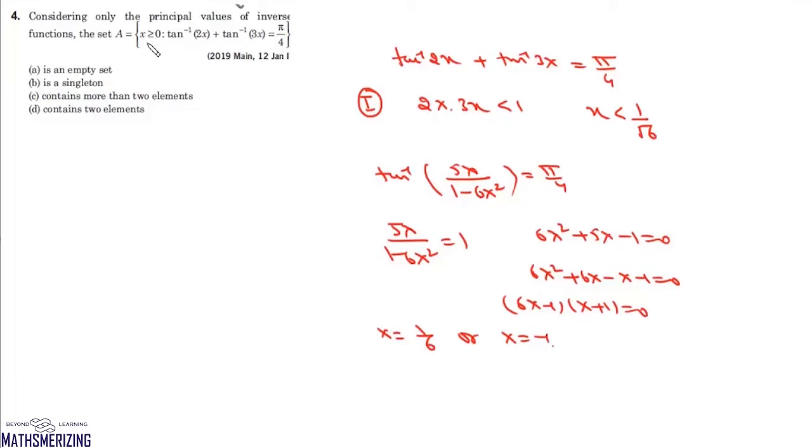Now in the question it says x is greater than or equal to 0, so we cannot take x as minus 1. So the only solution that we get from this case is x equals 1 by 6. Now for the remaining two cases, xy equals 1 and xy greater than 1, there also we won't get any solution. So there is only one solution to this question. So the answer to this question is that set A is a singleton, and that's your option B.